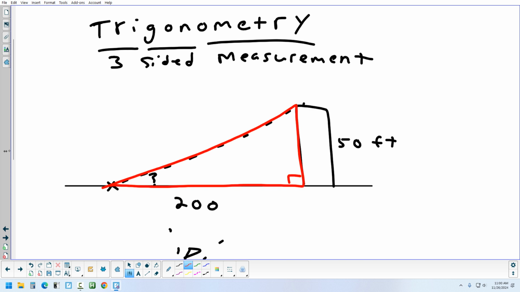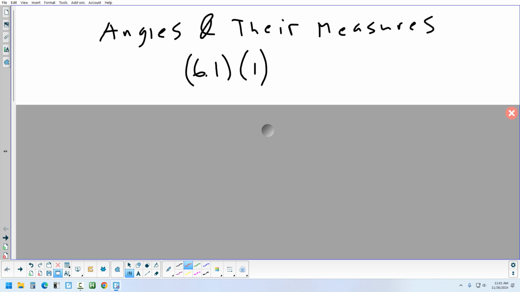Okay, so before we even get into talking about stuff like that, we've got to talk about something even more basic than a triangle, which is these 3 things that I just circled. What are those 3 things that I circled? Yeah. Angles. And that's what the first section is all about.